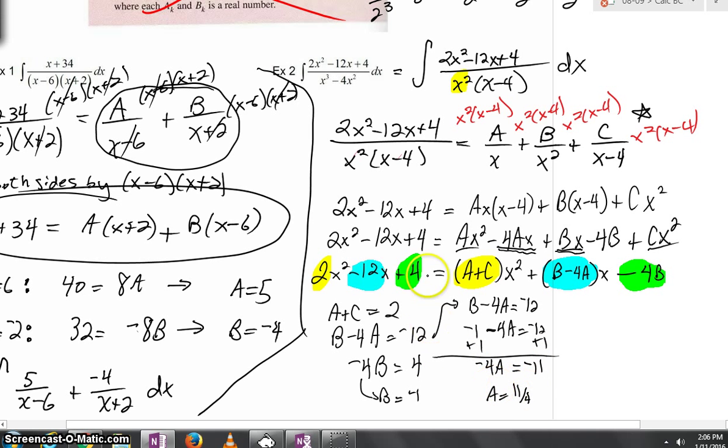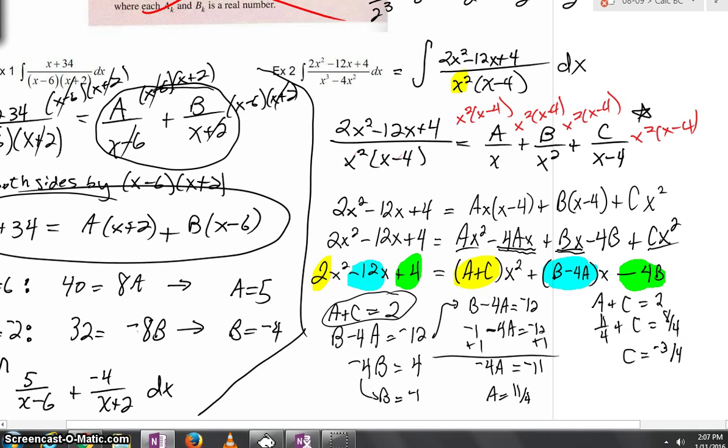From here, looking at a plus c equals 2, knowing that a now is 11 fourths, 2 is actually 8 fourths, if you'd like to change that. And if I subtract 11 fourths from both sides, I'd be left with negative 3 fourths.